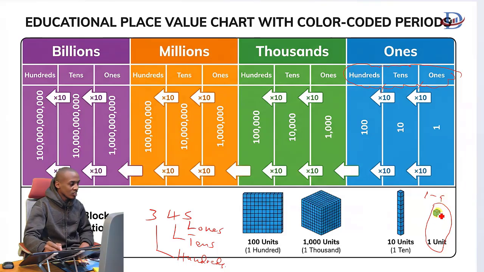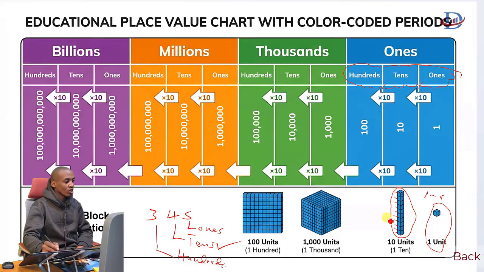But once these digits reach 10, they form the next place value position, which is called the tens. When we talk about the tens, we refer to a group of 10 units.